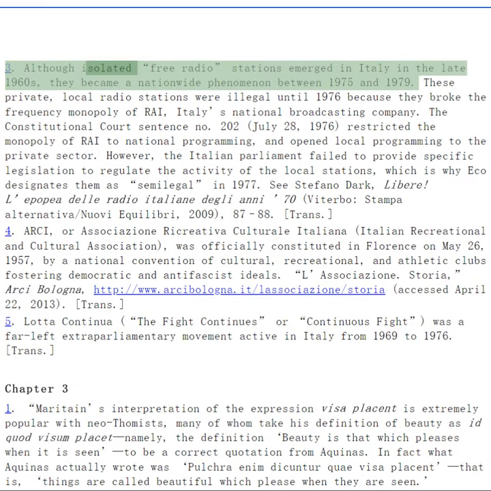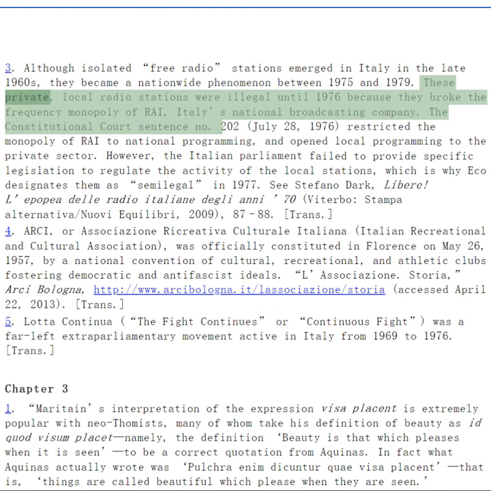3. Although isolated free radio stations emerged in Italy in the late 1960s, they became a nationwide phenomenon between 1975 and 1979. These private, local radio stations were illegal until 1976 because they broke the frequency monopoly of RAI, Italy's national broadcasting company.